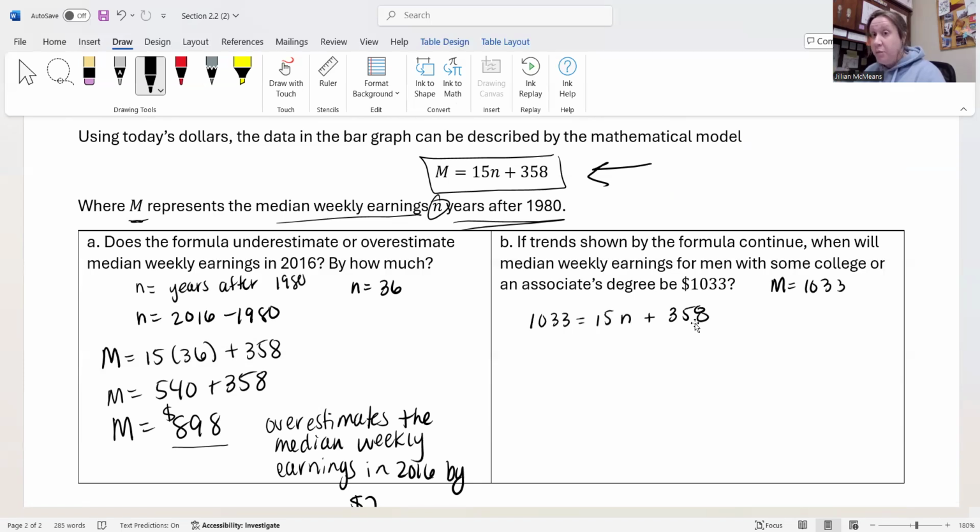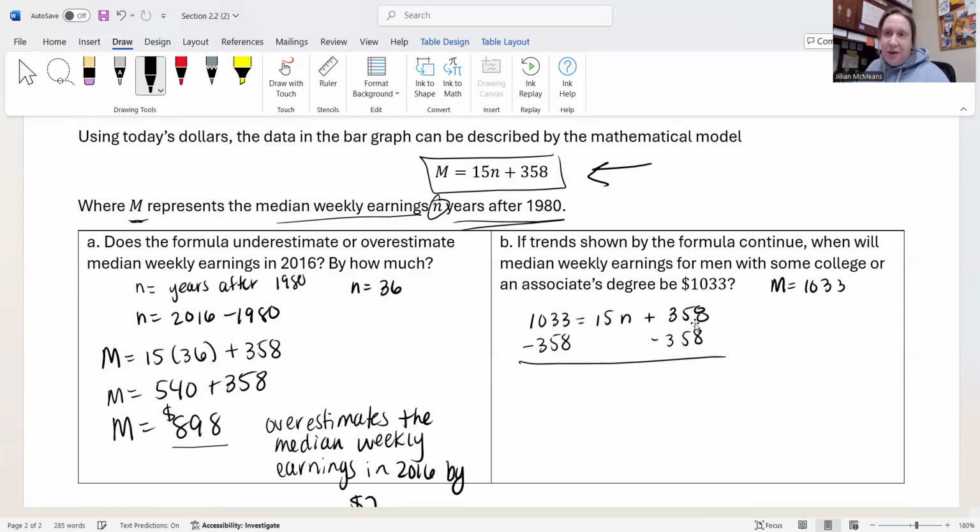So we know from the previous worksheet, the addition property of equality, that we can move things around using addition and subtraction. Well, the problem we have here is this 15N that we desperately need to get alone has 358 added to it. Let's see if we can undo that. We can undo addition with subtraction. So let's subtract 358. Just keep in mind, if I subtract it from the right, I have to subtract it from the left.